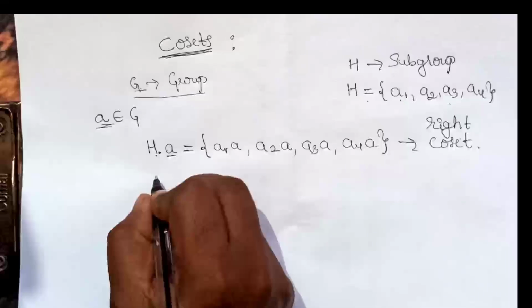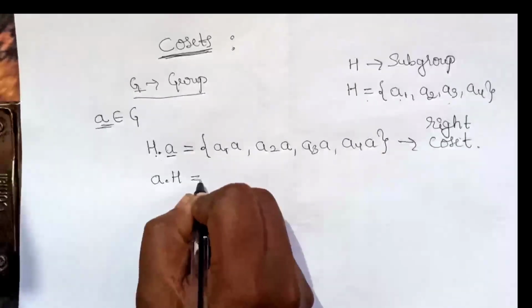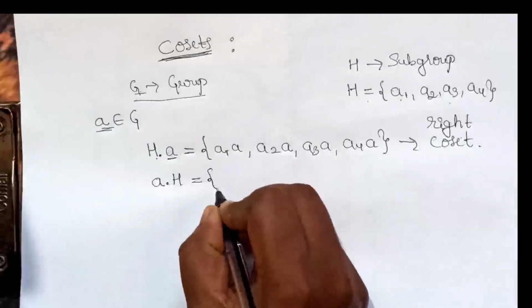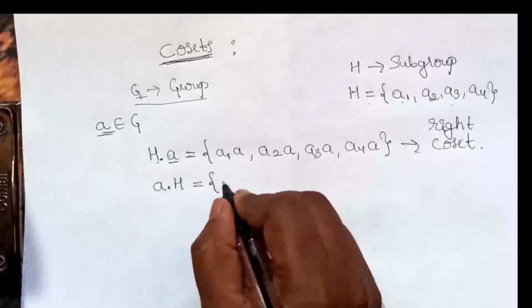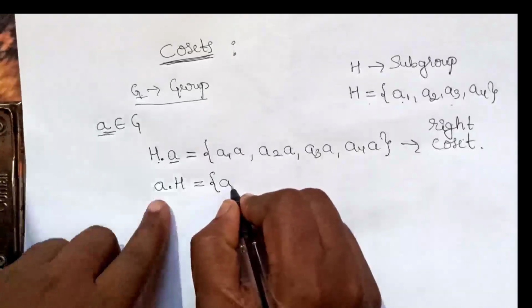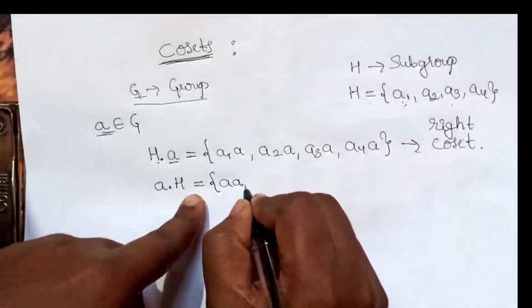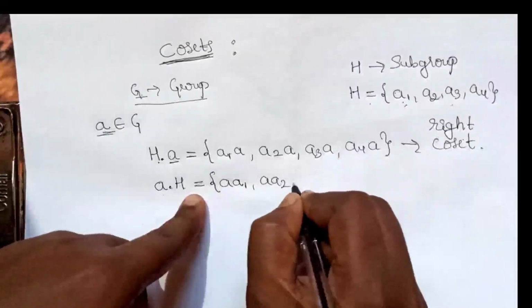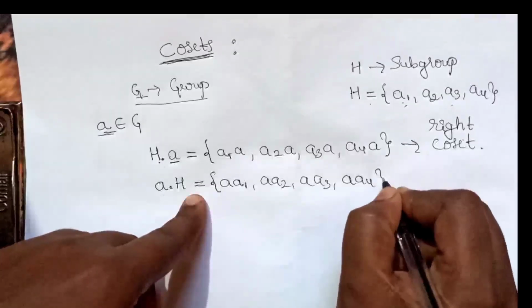Similarly, if we operate from the left, that is a dot H, the set is obtained as a1, a2, a3, a4 each multiplied from the left by a.